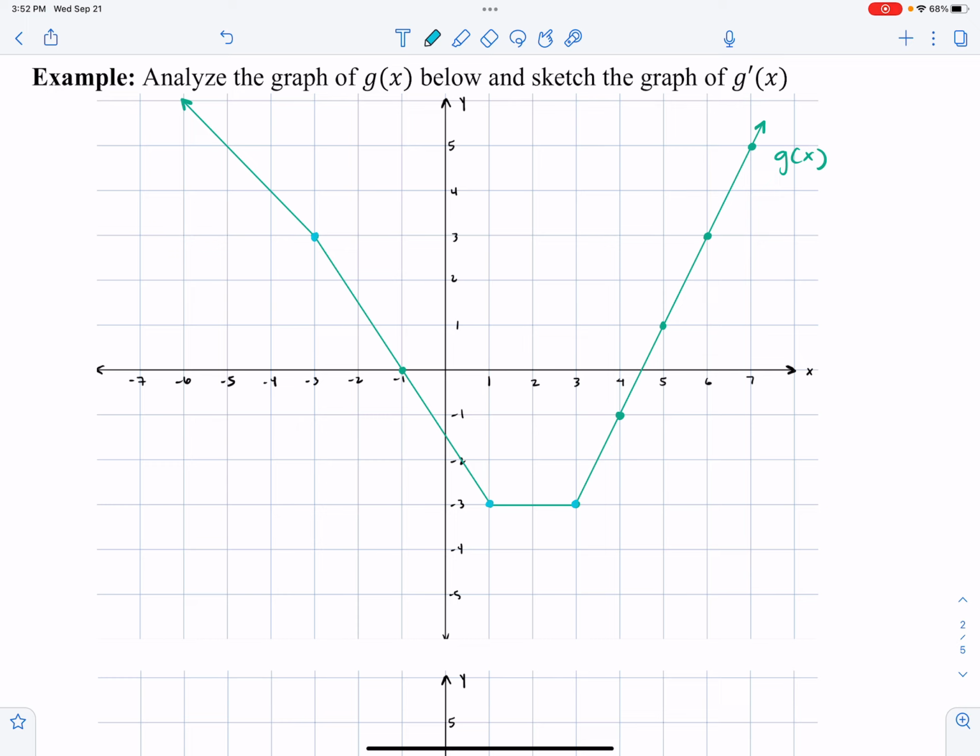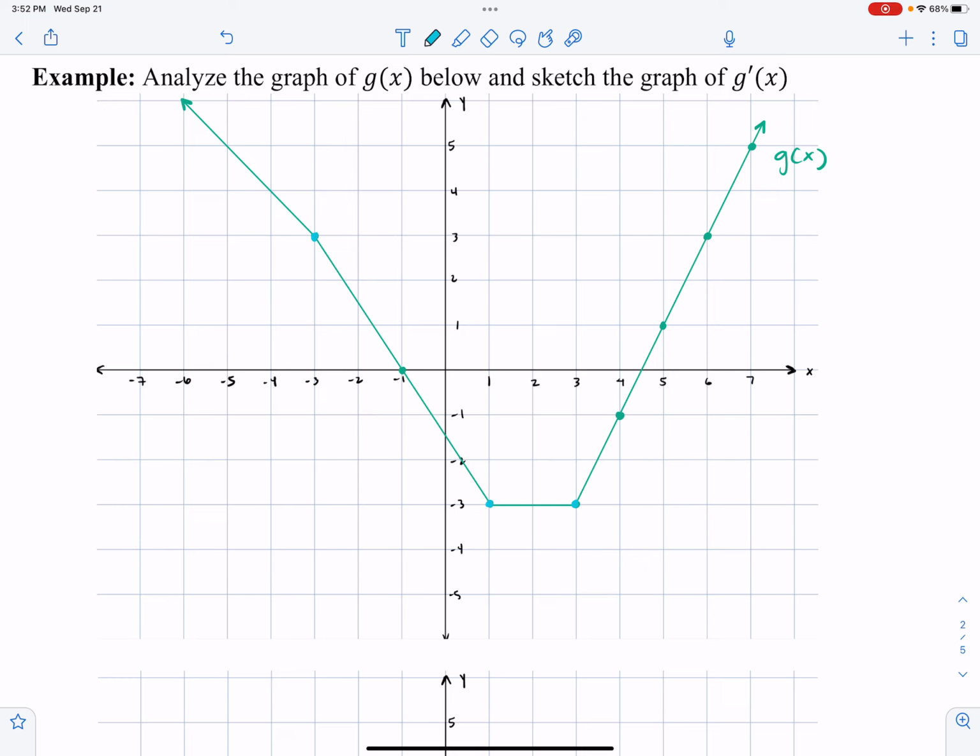So what I want to look at is from -infinity to -3, what does it look like the slopes? We could think of this graph as being different line segments. And it looks like to the left of -3, so from -infinity to -3, the slope of each point would be -1.